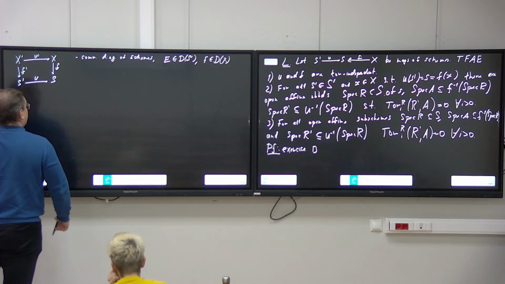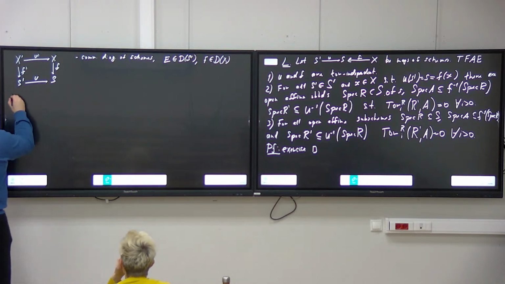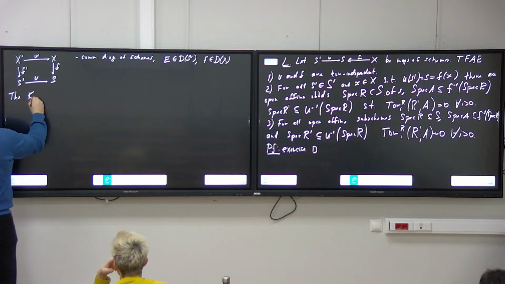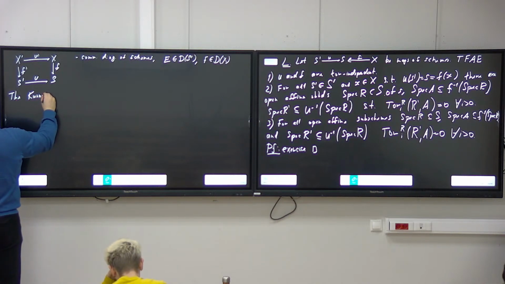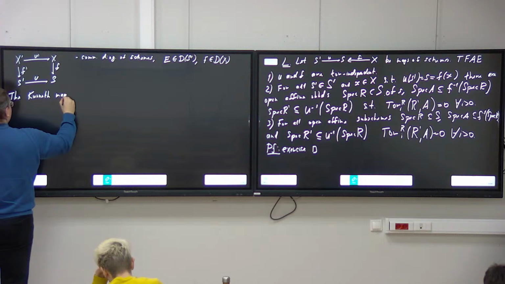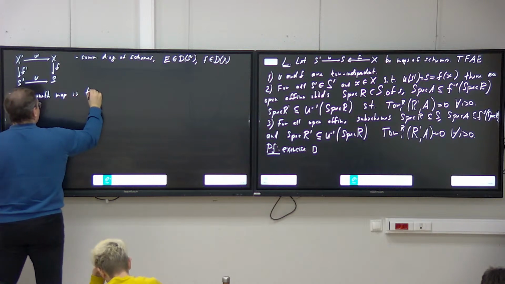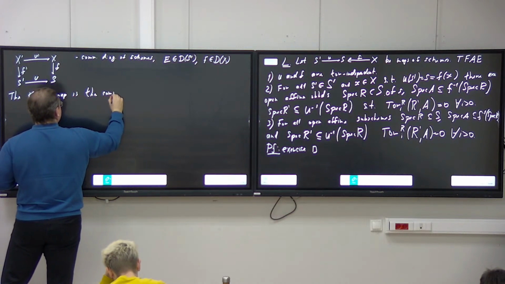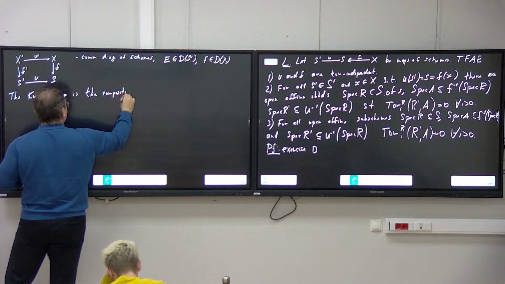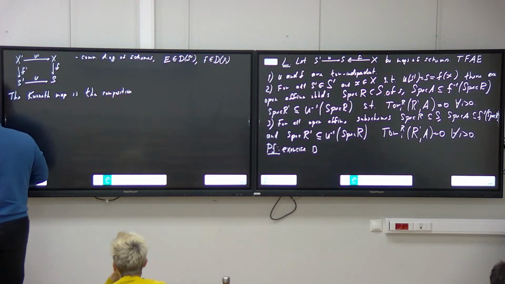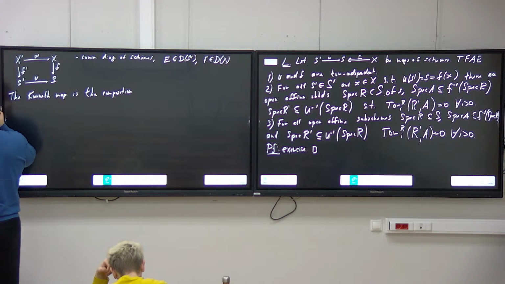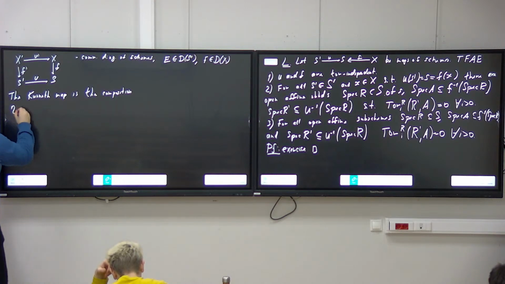Now I want to define the unit map. The unit map is the following composition, and I will always call it eta.